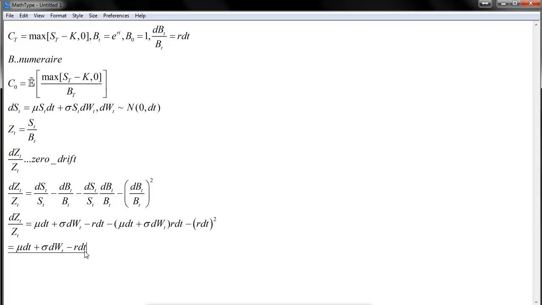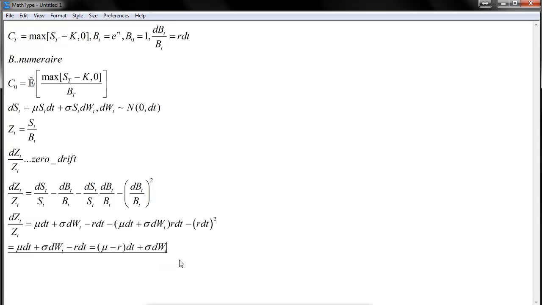If we regroup them, we get (mu minus r) times dt plus sigma times the differential of the Wiener process.